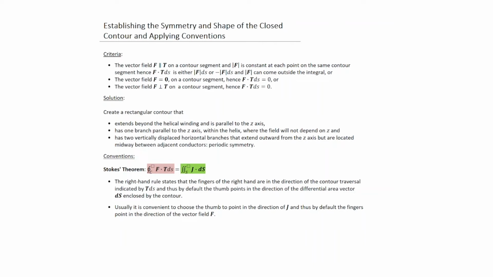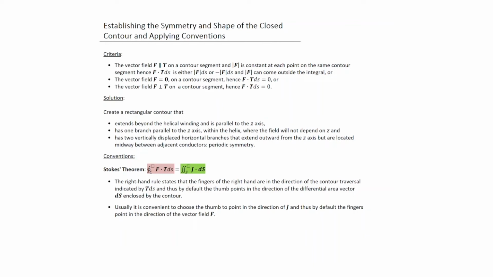In this particular example, all 3 cases stated above under criteria apply. All right, so the rectangular contour consists of extending a segment beyond the helical winding and making it parallel to the z-axis. And then you have one branch parallel to the z-axis within the helix where the field will not depend on z.